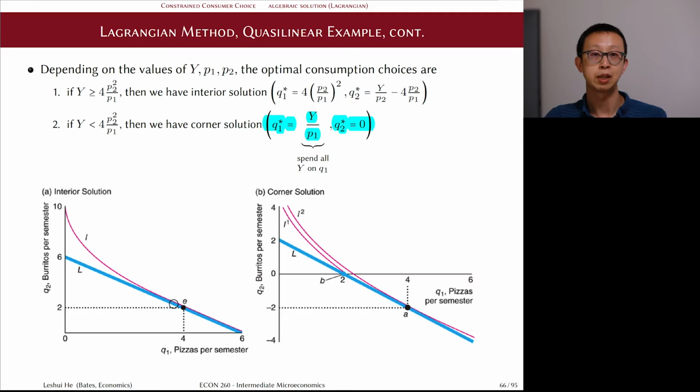In this type of application, the good that enters linearly in the utility function can be used to model cash. For instance, in modeling consumers' choices over a group of similar alternatives, let's say different types of breakfast cereals, you can imagine a quasi-linear utility function with different cereals entering the utility function in a nonlinear way, whereas a cash good enters linearly, just like the Q2 we have in this utility function.